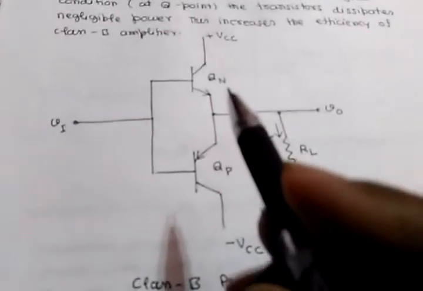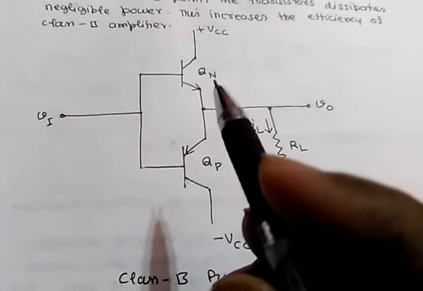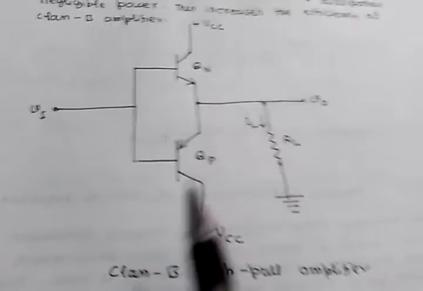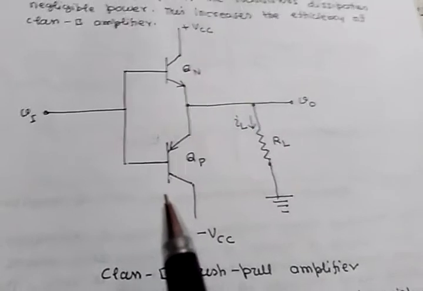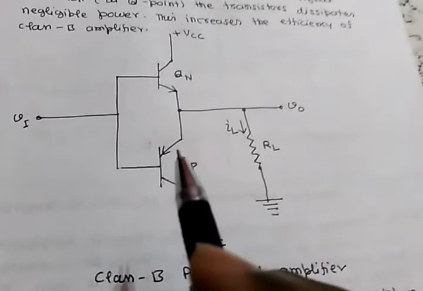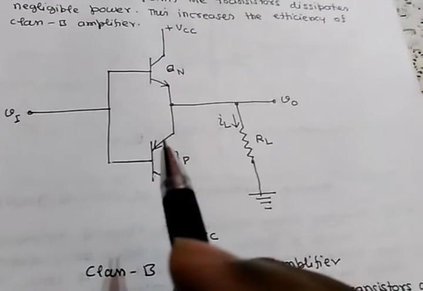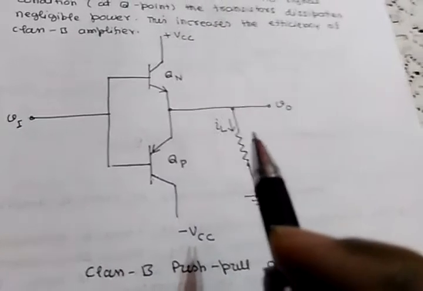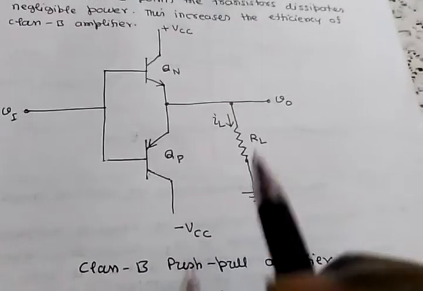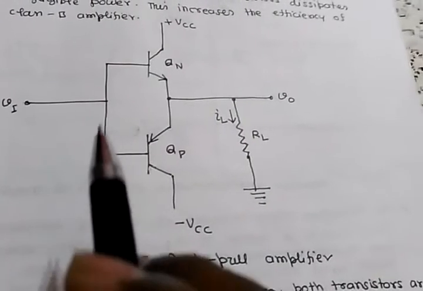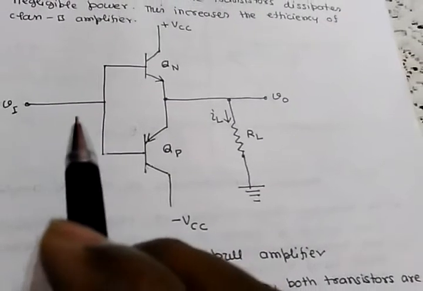In this case, the QN NPN transistor will work in the cutoff region and the QP PNP transistor will work in the active region, because the emitter, which is made by P region, is at ground potential because it is connected to the ground through RL, and the N region base is connected to the input which is negative.